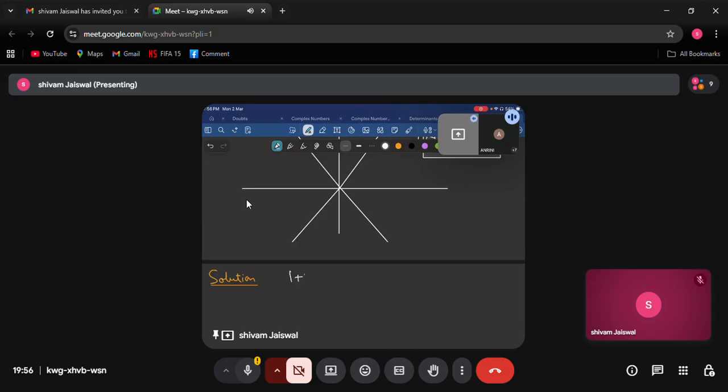So 1 plus iota upon 1 minus iota. Okay, when you rationalize, you are going to get 1 plus iota whole square upon 1 plus iota into 1 minus iota. Okay, this will give us 1 plus iota square plus 2 iota upon 1 minus iota square.